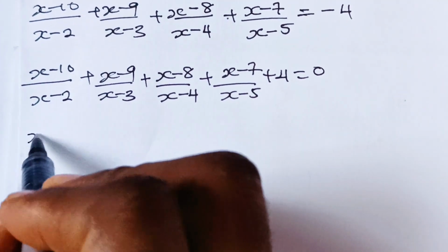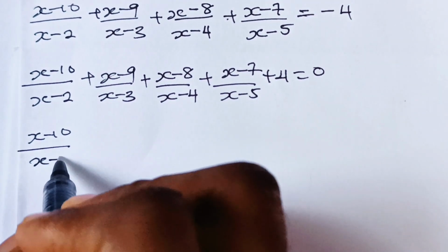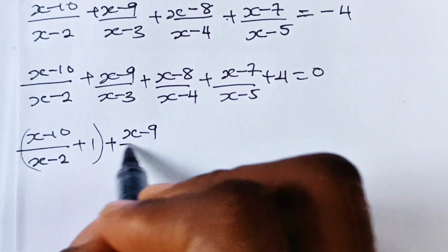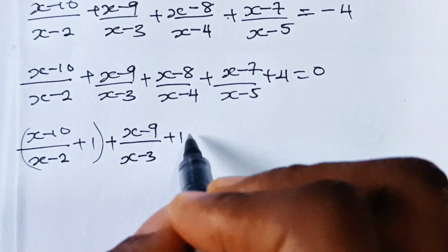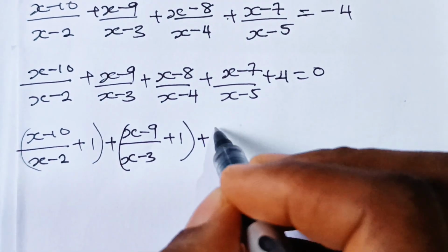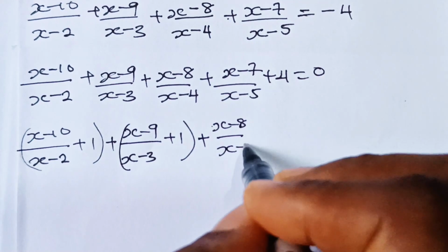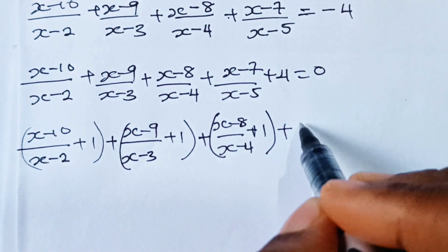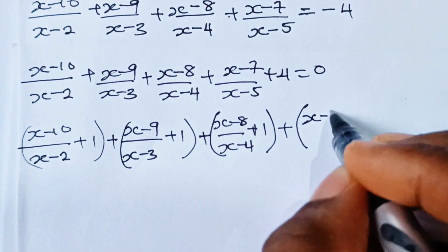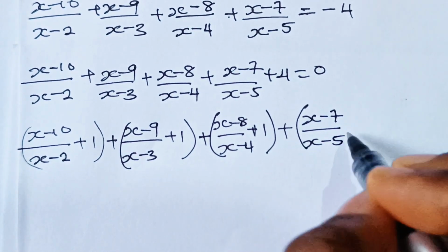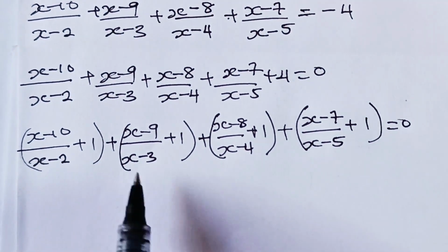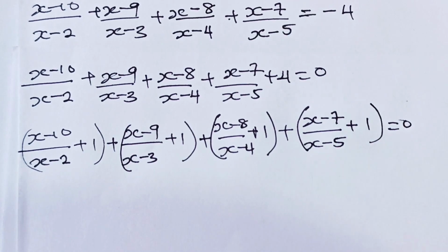So I can write (x minus 10) divided by (x minus 2) plus 1, plus (x minus 9) divided by (x minus 3) plus 1, plus (x minus 8) divided by (x minus 4) plus 1, plus (x minus 7) divided by (x minus 5) plus 1 is equal to 0. Now note 1 plus 1 plus 1 plus 1 is already 4, so we've not changed anything.